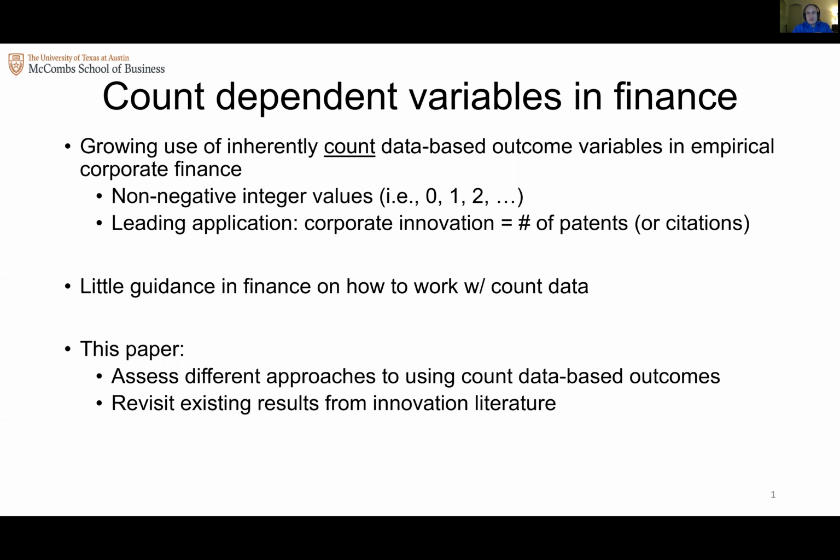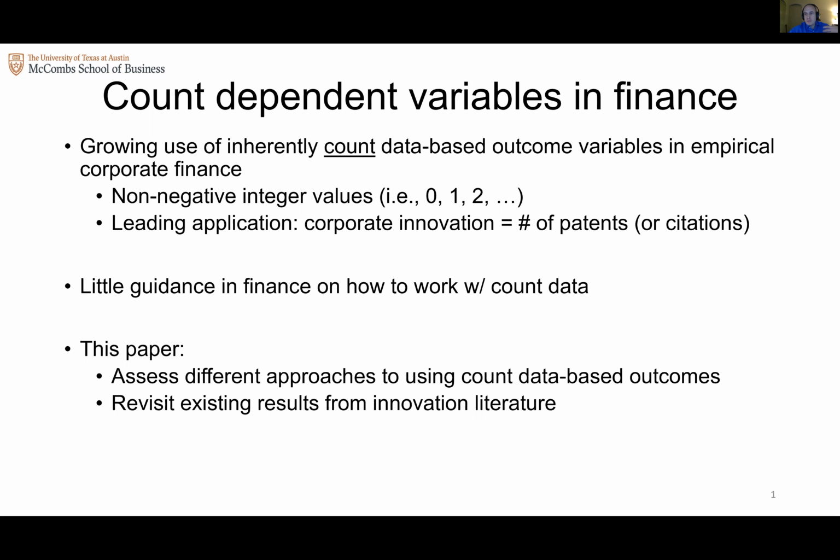So one observation is that there's a growing use of what we would call count data in constructing outcome variables in corporate finance over the last decade or so. By count data, I mean data that can only take on non-negative integer values, so 0, 1, 2, 3, et cetera.